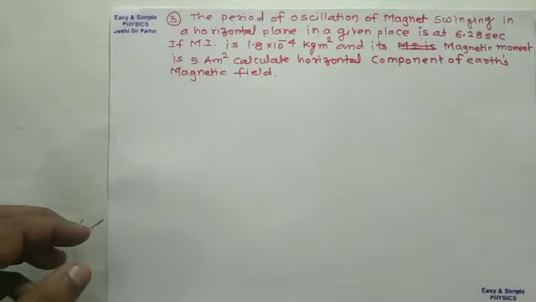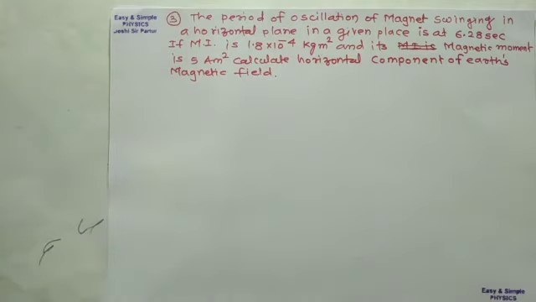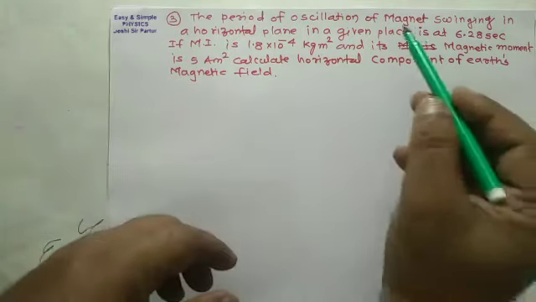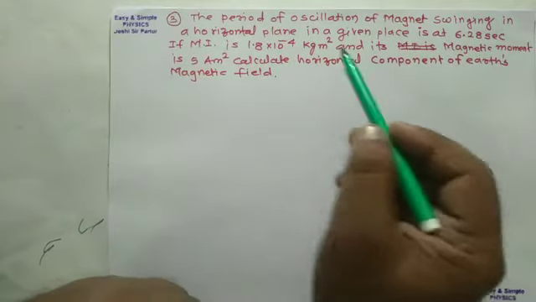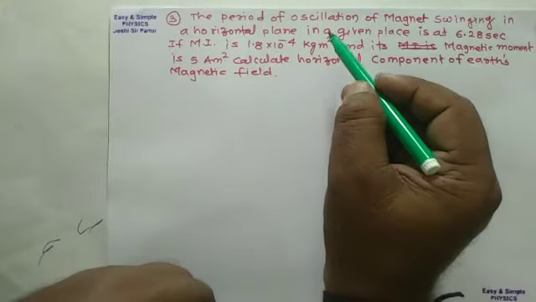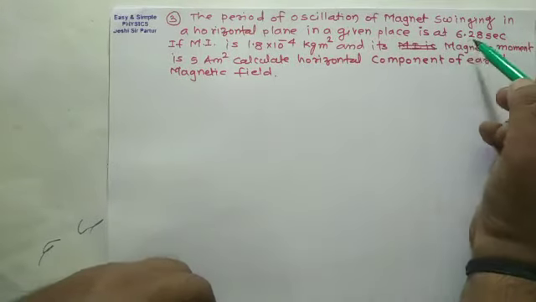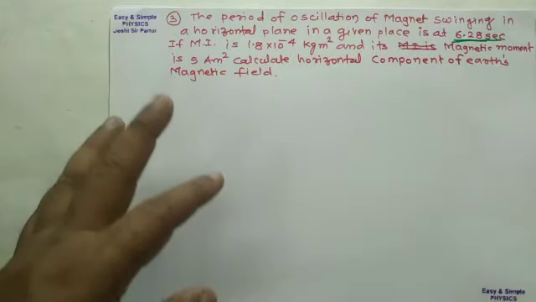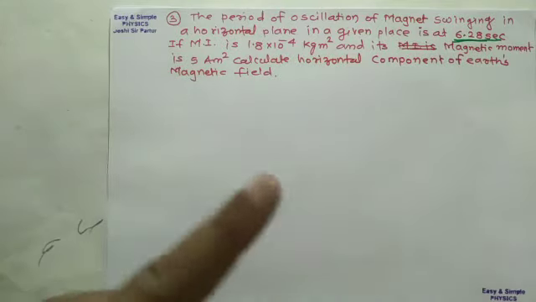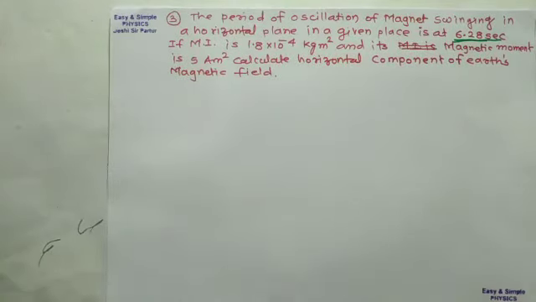Again, we see the third example. The period of oscillation of a magnet swinging in a horizontal plane at a given place is 6.28 second.